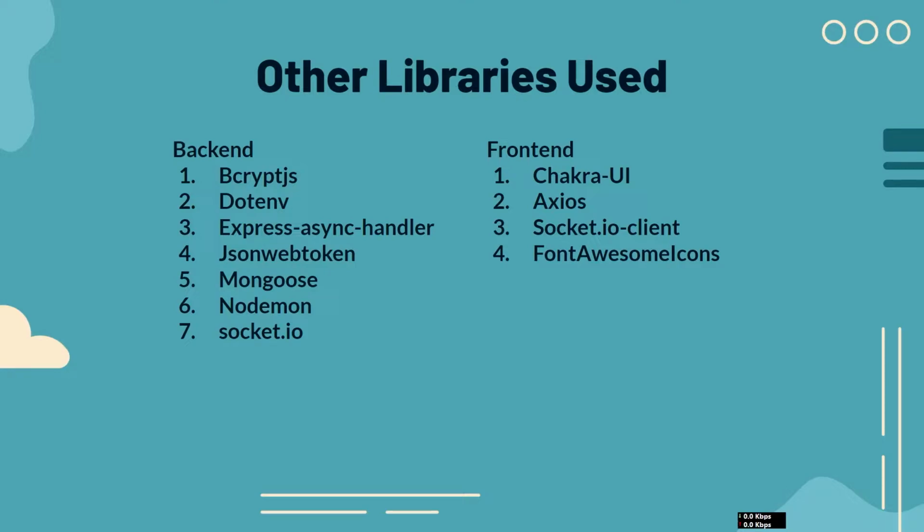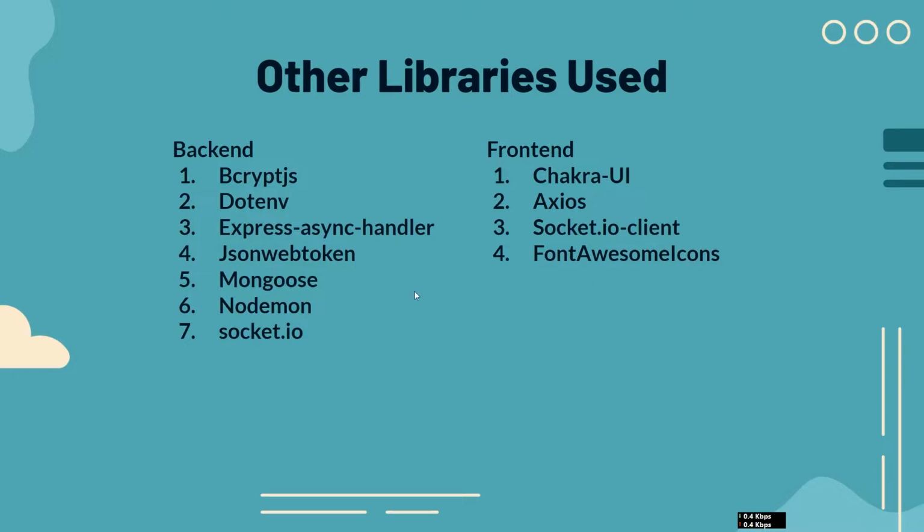JSON Web Token is used for authentication. This JSON Web Token creates a token every time a user logs in or signs up and keeps on checking the token if the user tries to access any restricted domain of our website. In the backend, I've also used MongoDB, as I told in the previous slide.